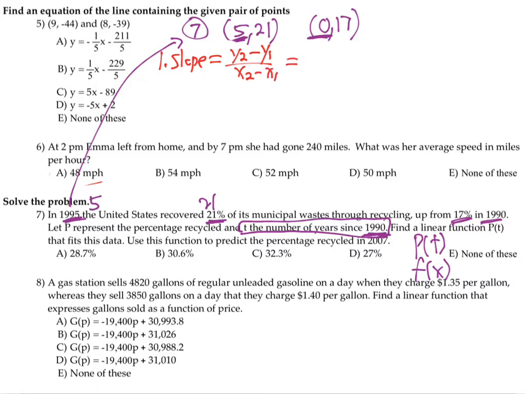This is x1, y1, x2, y2. So y2 minus y1, 17 minus 21 over 0 minus 5. That's minus 4 over minus 5. Double negatives cancel, plus 4/5. So the slope is positive 4/5.